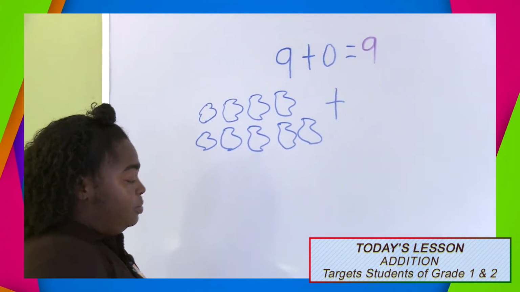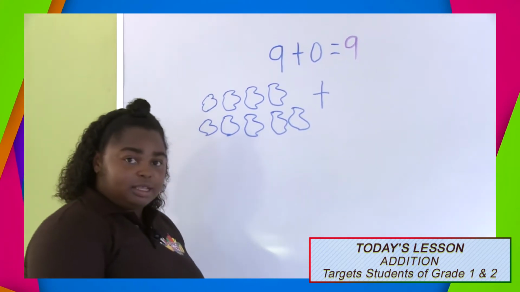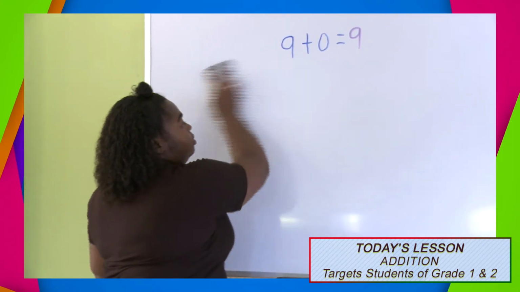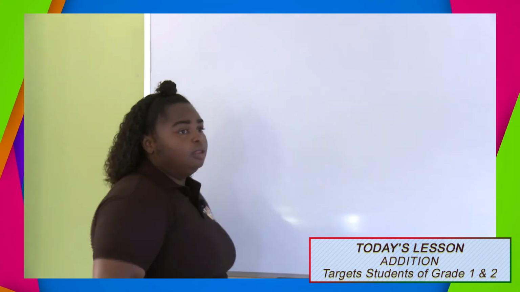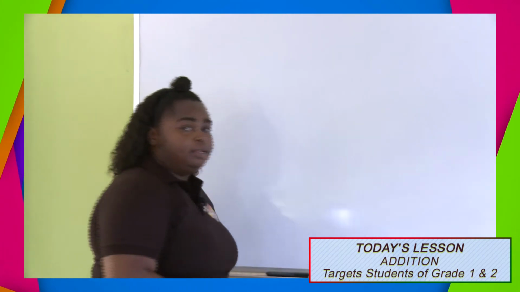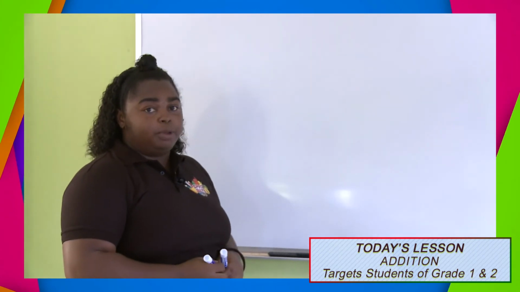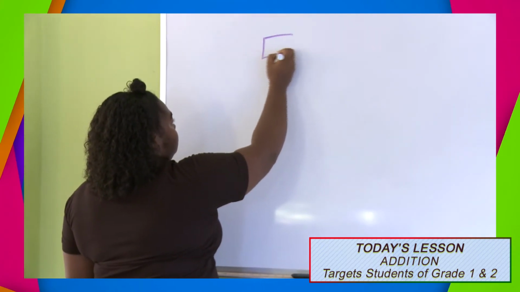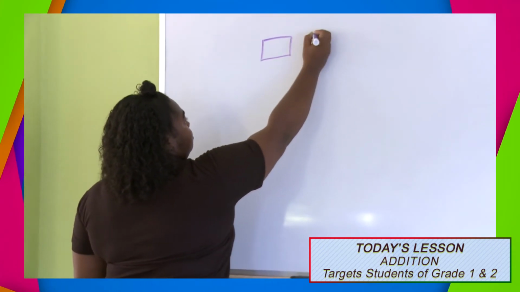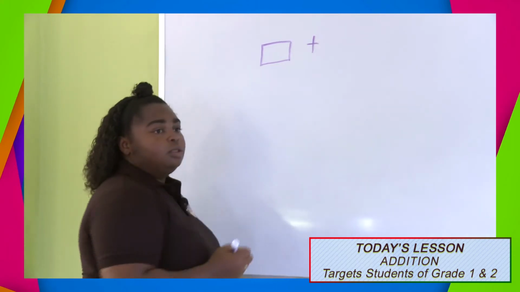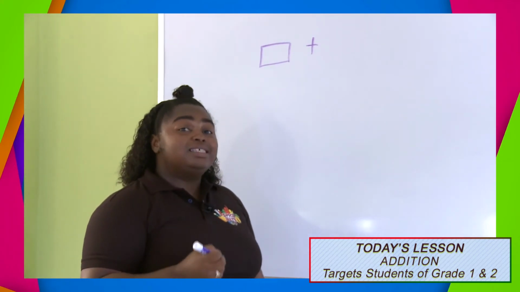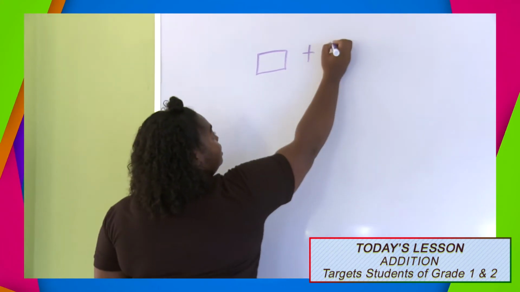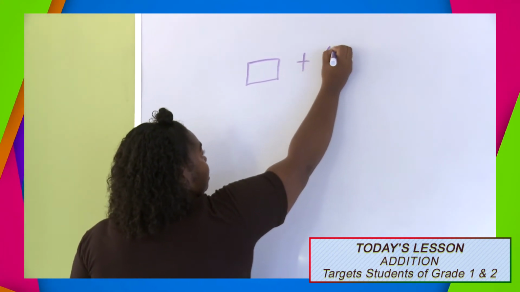Great. Now, let's go on to our next example. I would like you to put down 1 square on your paper for me. Then I want you to put down 6 circles on your paper. Please follow what I'm doing.